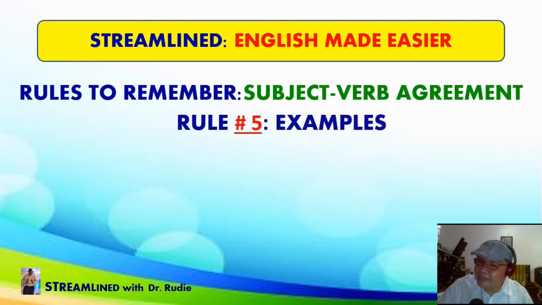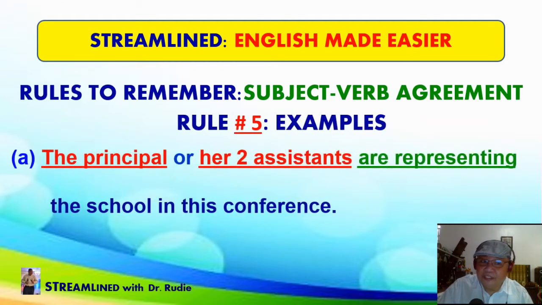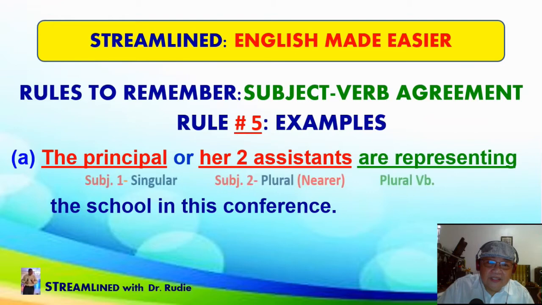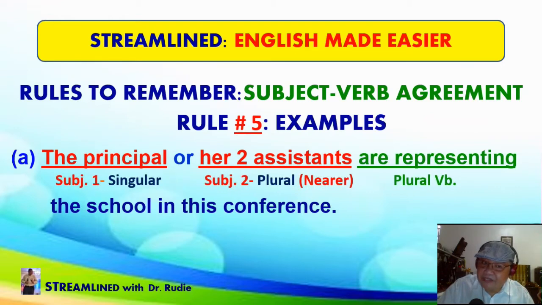Here are a few examples. First, the principal or her two assistants are representing the school in this conference. Our first subject is the principal. It is singular. The second is her two assistants.